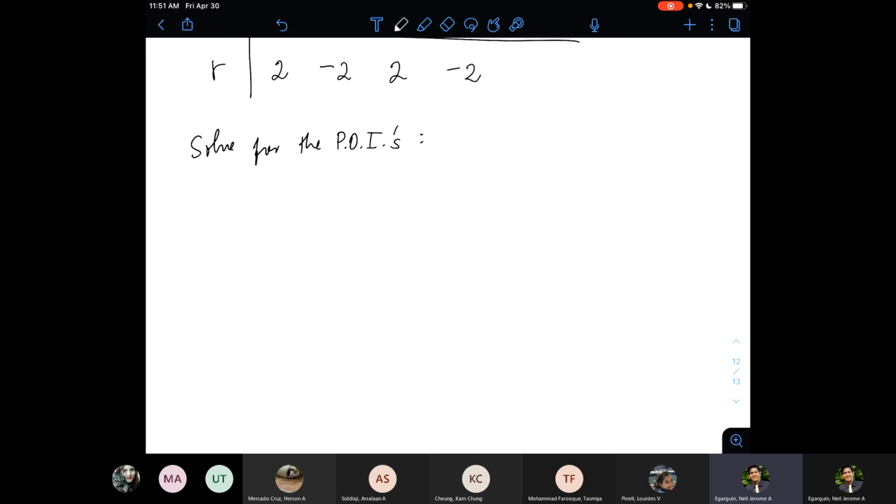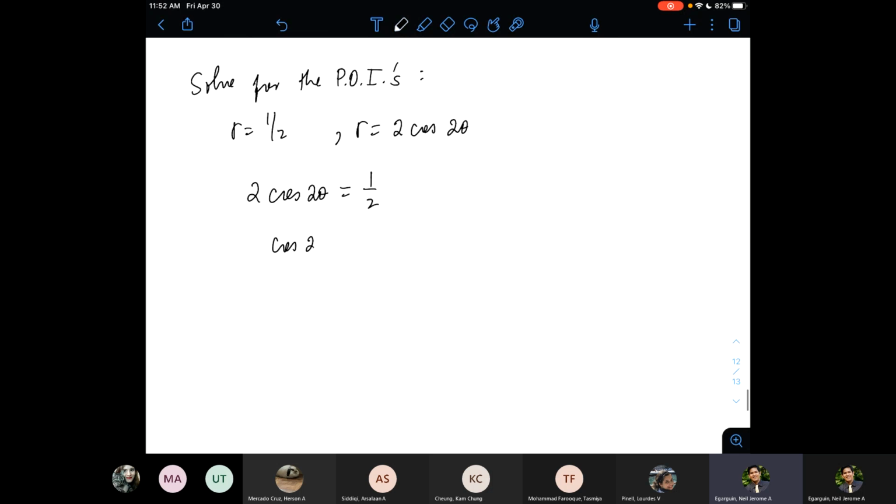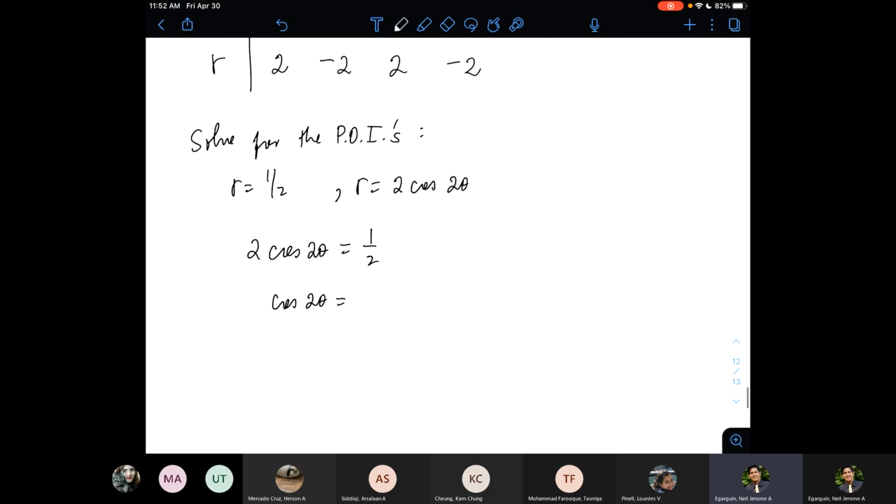Okay. So for the POIs, we have r equals 1/2 and r equals 2 cosine 2 theta. So we equate them to each other. So we have 2 cosine 2 theta equals 1/2. So that means cosine 2 theta equals 1/4.